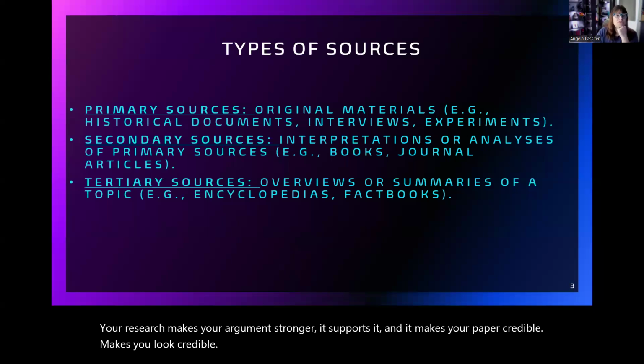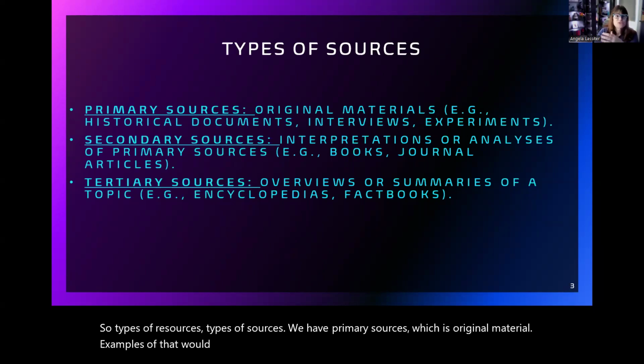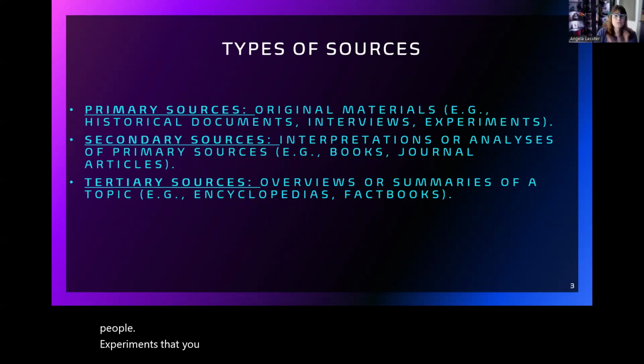So, types of sources. You have primary sources, which is original material. Examples of that would be historical documents, interviews that you might do with people, experiments that you have done. Those are primary sources. Secondary sources come from interpretations and analysis.